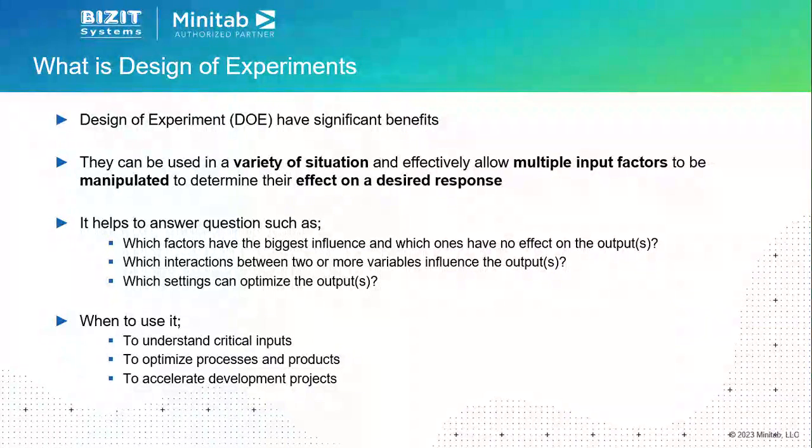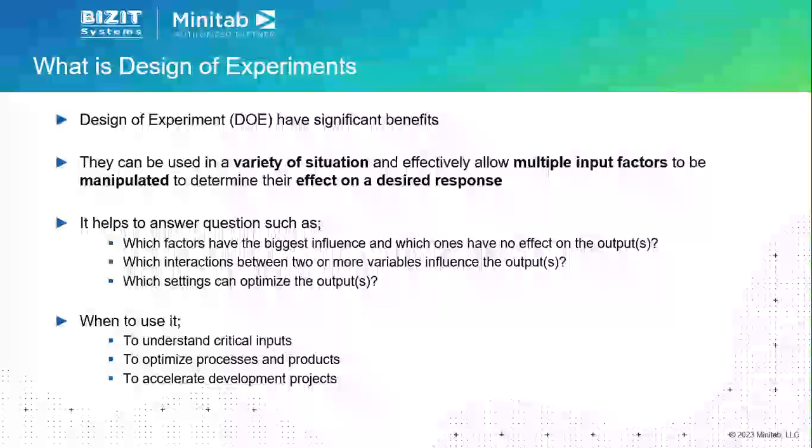And then it allows multiple input factors or parameters to be manipulated to determine the effect on the desired response. So design of experiment is not only for the continuous data set; it can be for the attribute data set too, so it is okay to do the design of experiment.